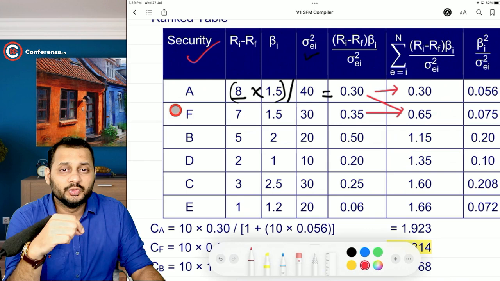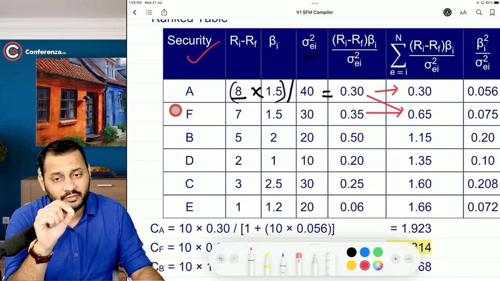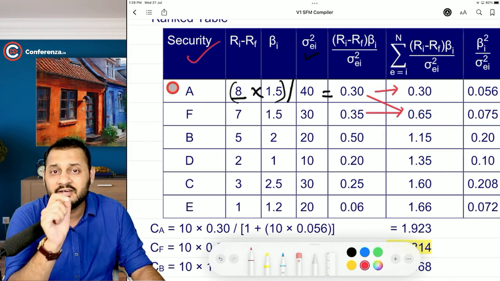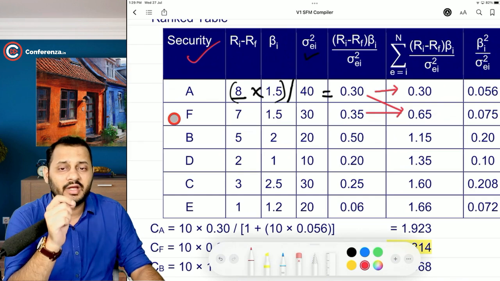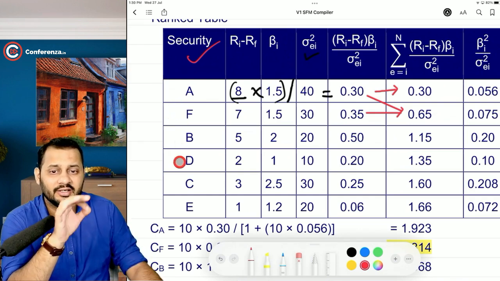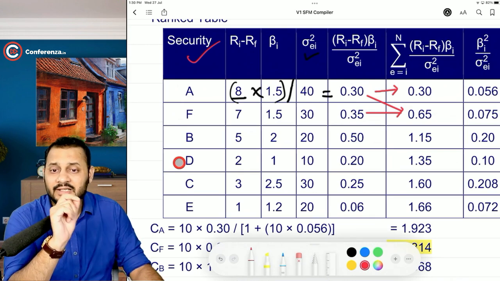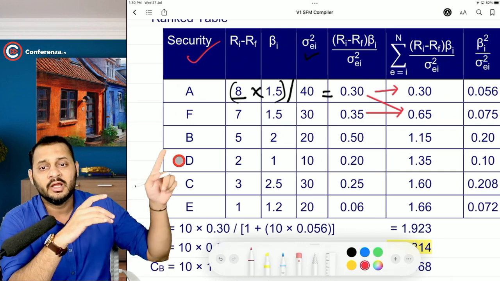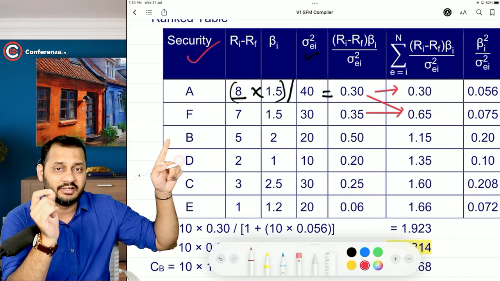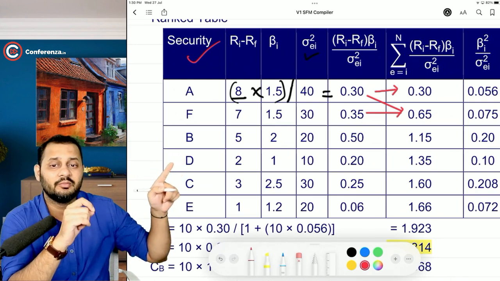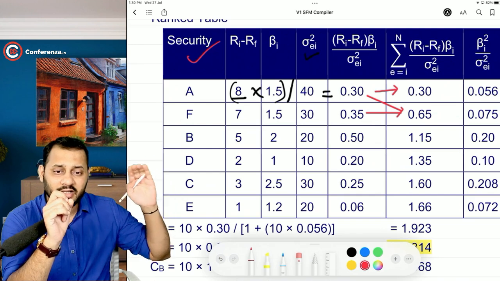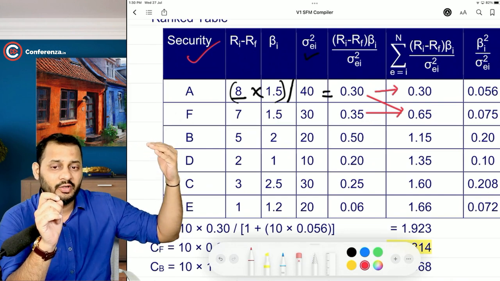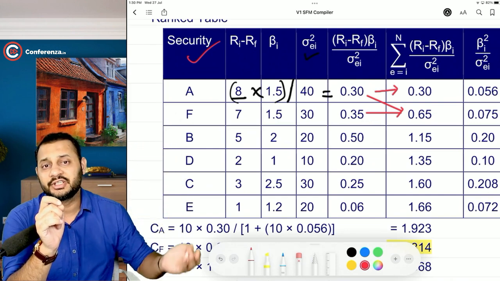If you are choosing security F to be included in the portfolio, then surely A will also deserve to be included in the portfolio, because A had a higher Treynor ratio than F. So if at any point of time you are including any security, let's say we are including D in the portfolio, that means A, F and B also deserve to be included in the optimum portfolio, because A, F and B give higher return per unit of beta as compared to D. And that's why we say that wherever we are going to stop, we are going to include that and the above securities in the optimum portfolio, and the below securities will get rejected automatically.